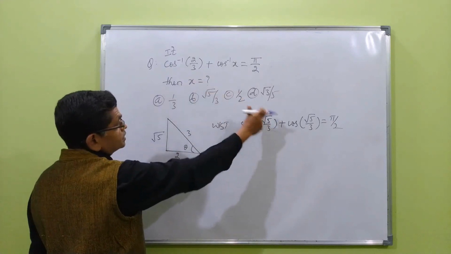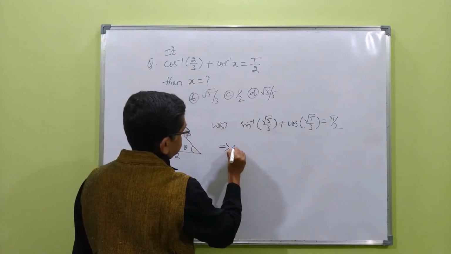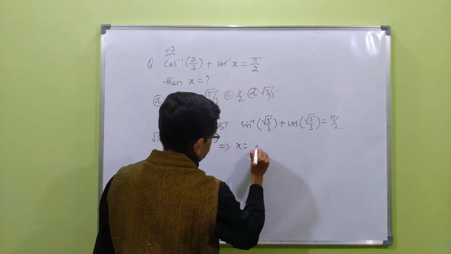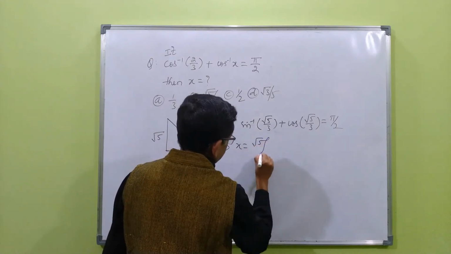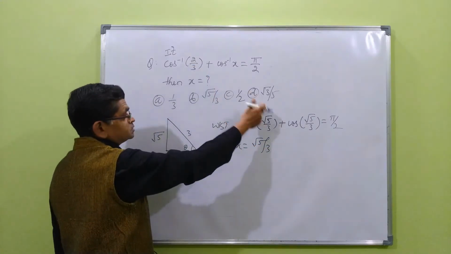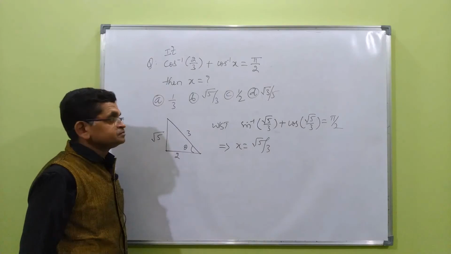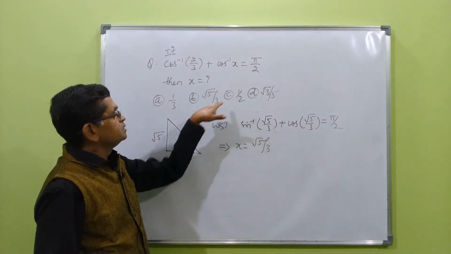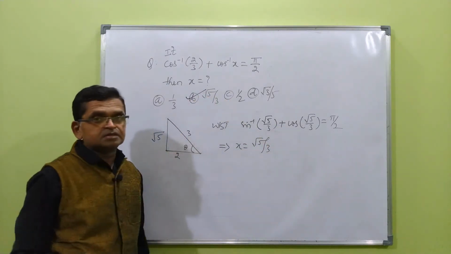So if you compare, that implies x is equal to root 5 by 3. So you match this. So x should be, B is the correct answer.